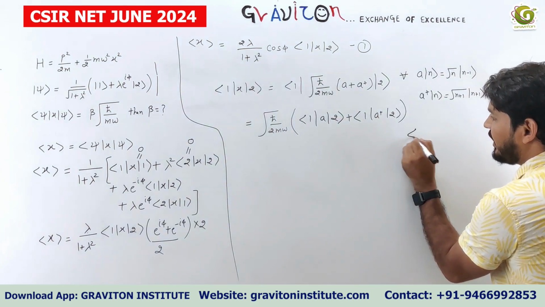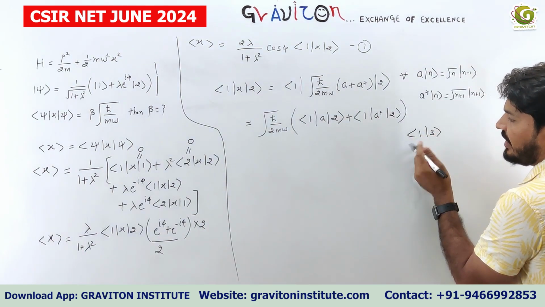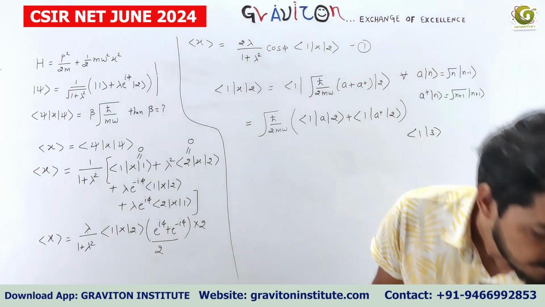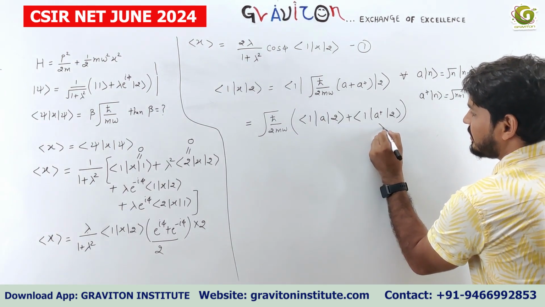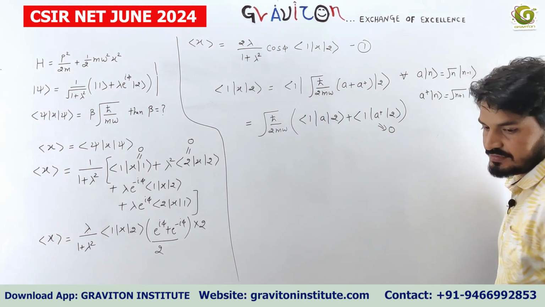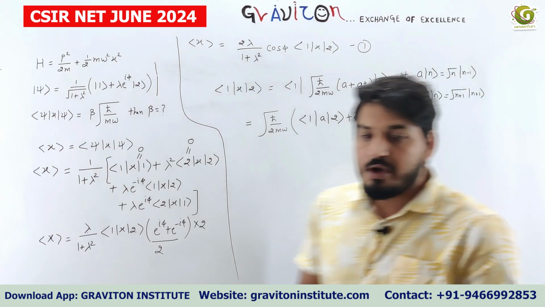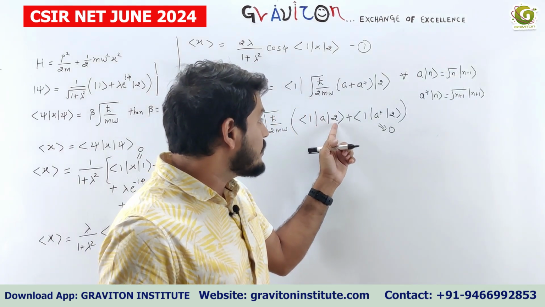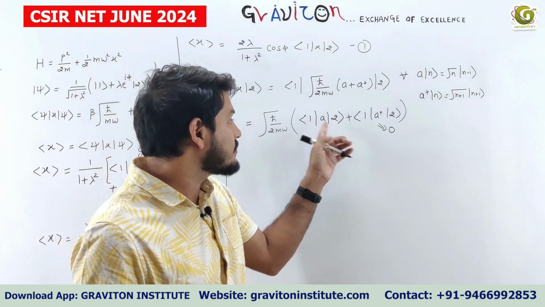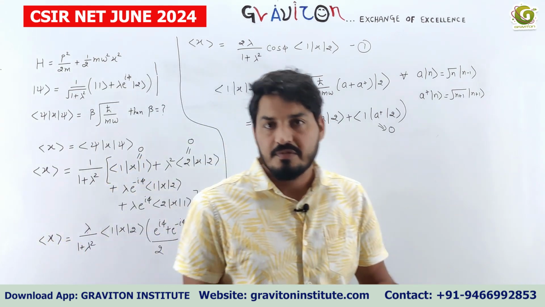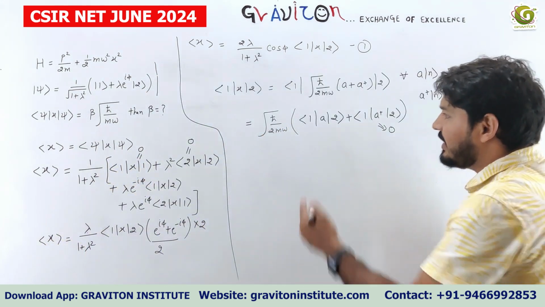So I can directly say that this term will give you 0. And what about this term? When I operate a on 2, this will give you one state lower. That means this gives you state 1. So 1 with 1, that is 1.